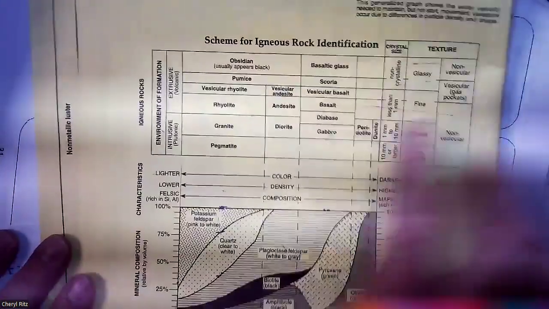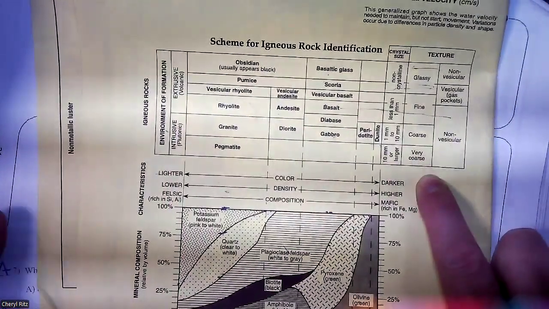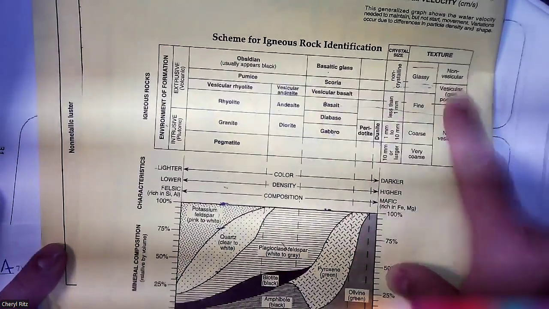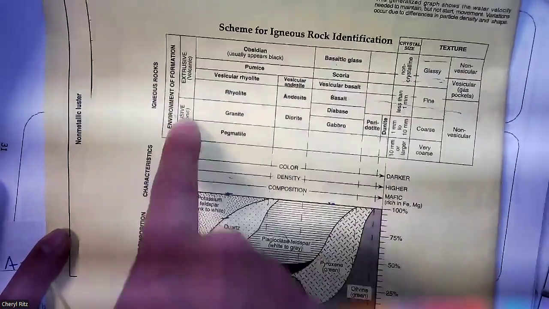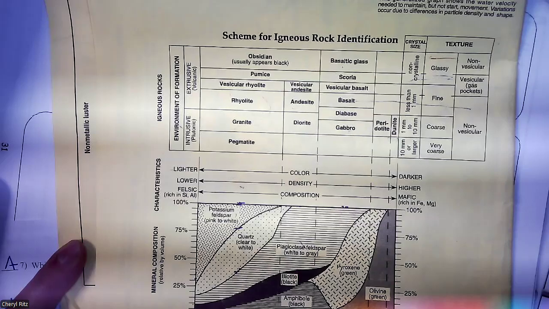So, process of elimination: inside ones are going to be coarse or very coarse. And they can't be vesicular because that's up here in the extrusive only. So the only thing, out of the 4 choices, that can be intrusive, inside the earth, was coarse. Which one did you pick?